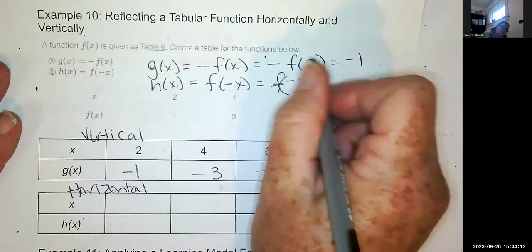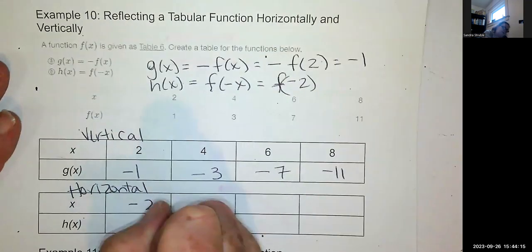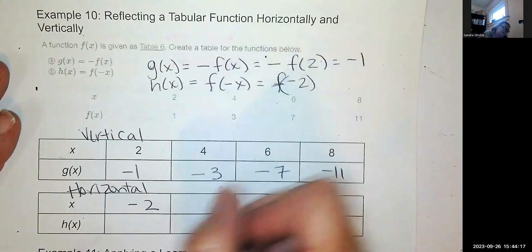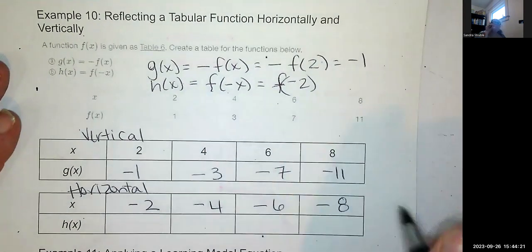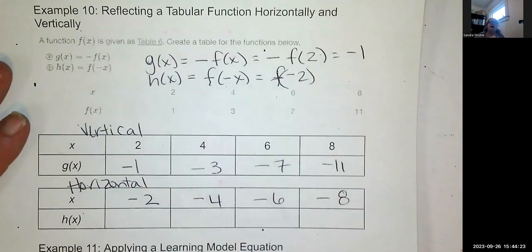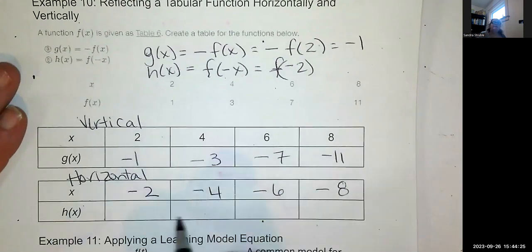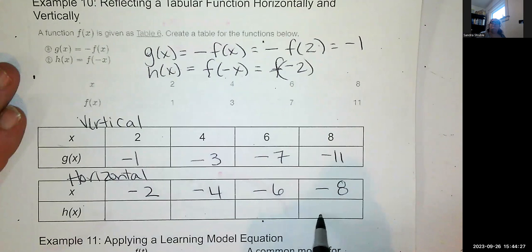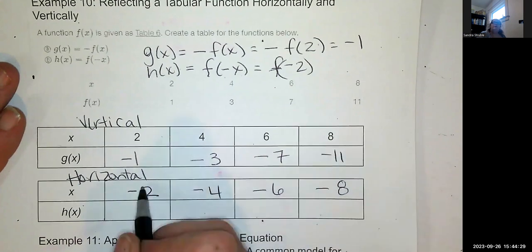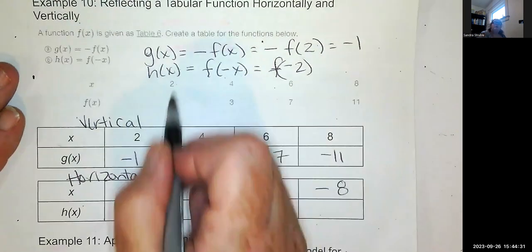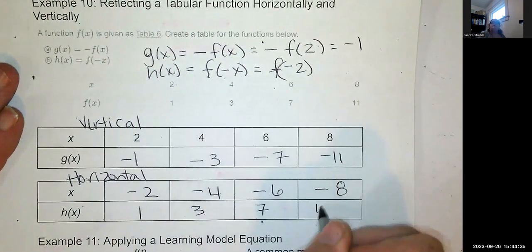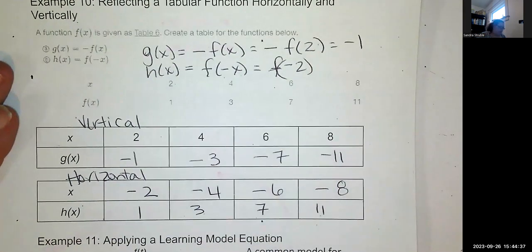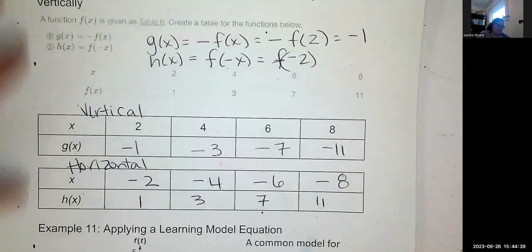So it happens on the inside. So this becomes -2. Negative x means we're going to have -4, -6, and -8. But the thing that's not going to change is the y values. So even though the x's have changed, the y values will not change for horizontal reflection. Okay, that's it for that one.